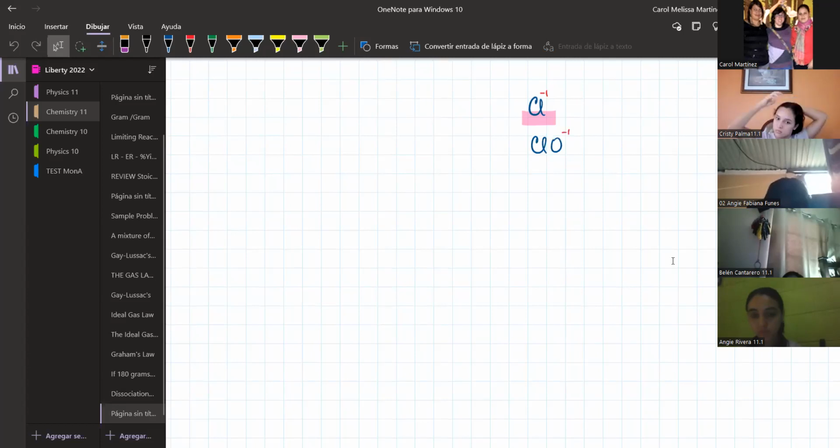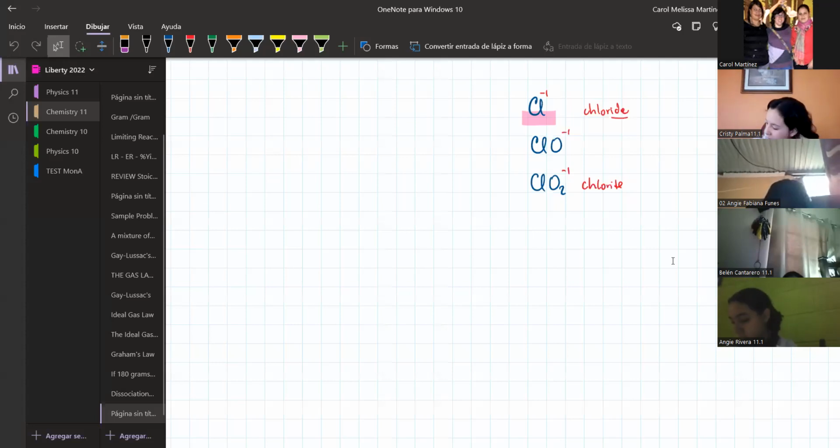If you have ClO2, that is chlorite, and chloride. Remember that when we have binary compounds, they all end in IDE, because of the anion that we are using. All the anions for binary compounds are going to end in IDE.